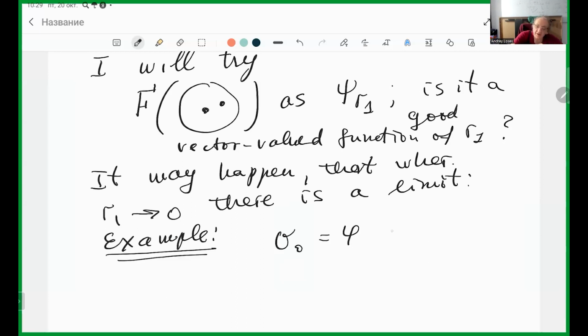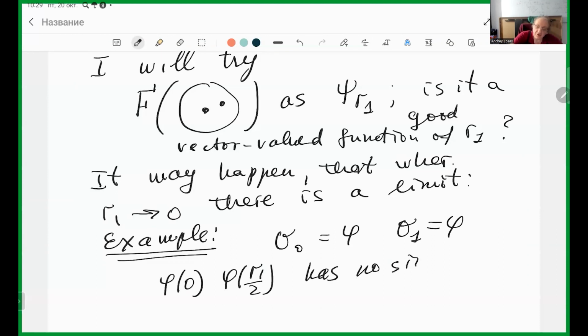O0 is phi, O1 is also phi. Phi of 0, phi of R1 over 2 has no singularity as R1 goes to 0.